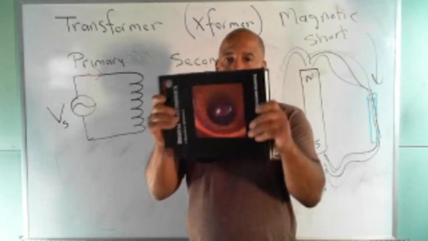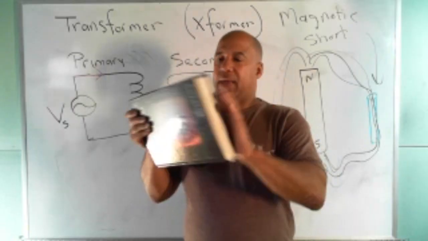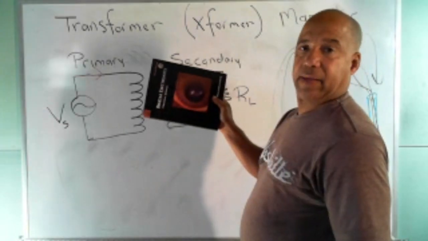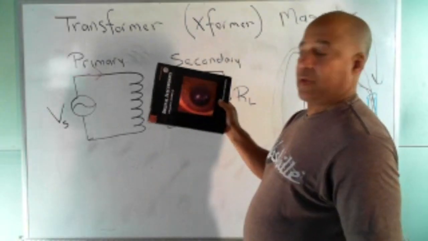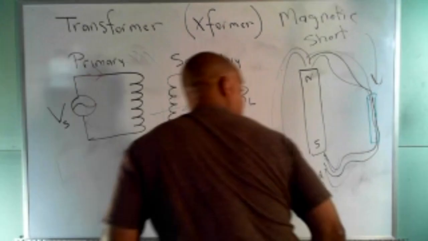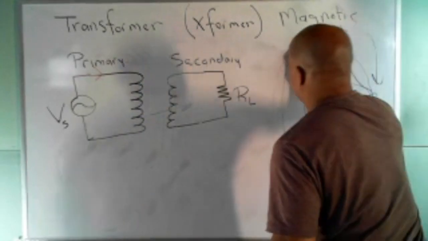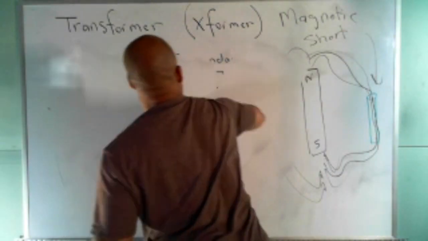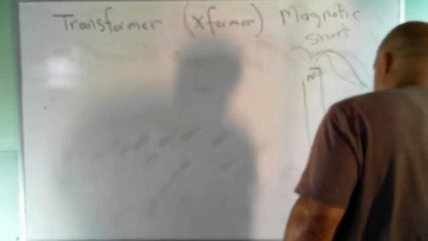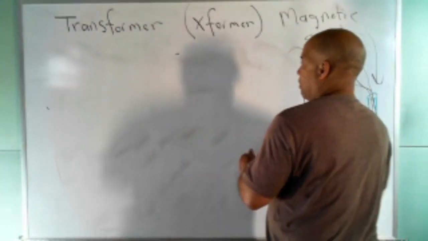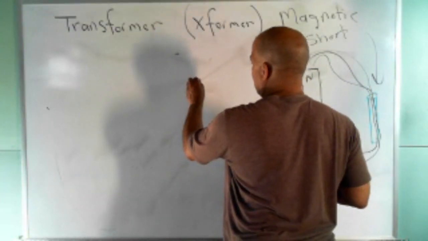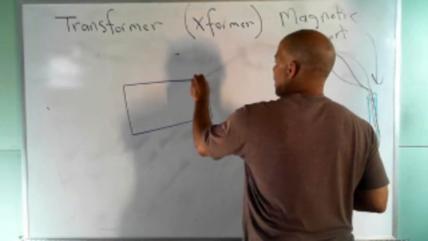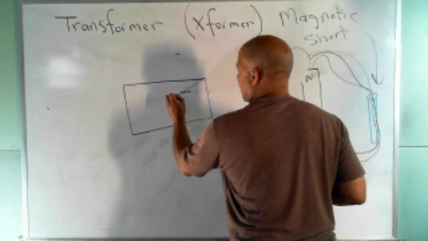A square, rectangular piece of metal, and I maybe took a laser and cut the middle off and knocked it out like that. So I've got a hole in the middle. So then I have something like this, the metal with the center removed.